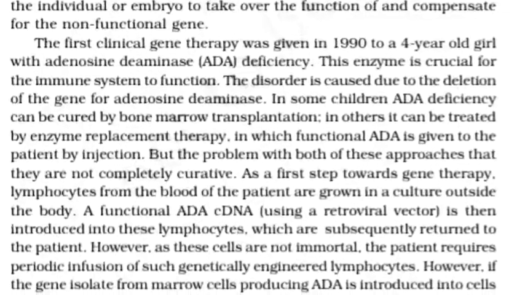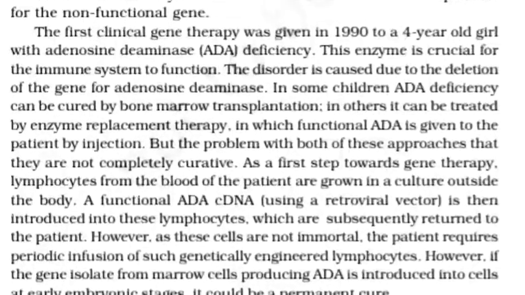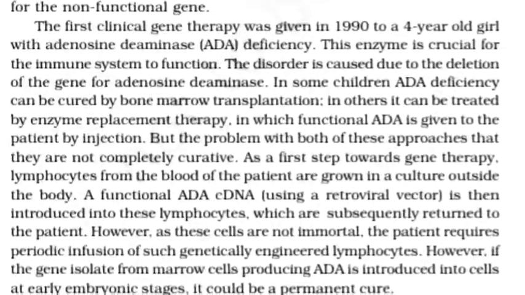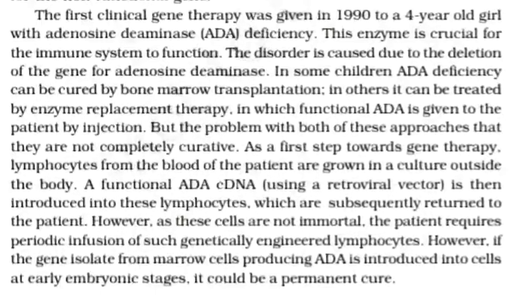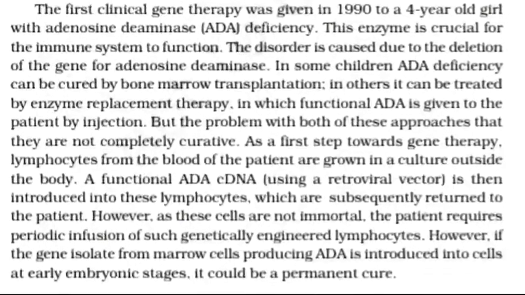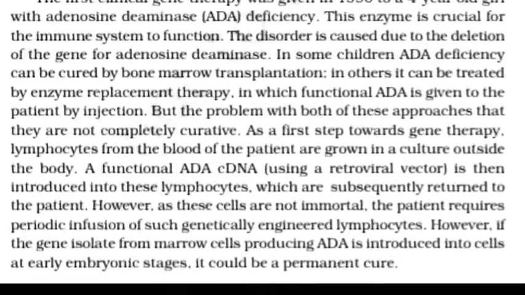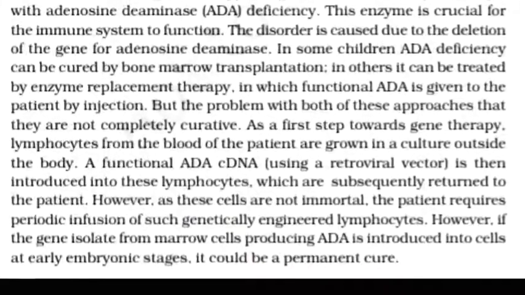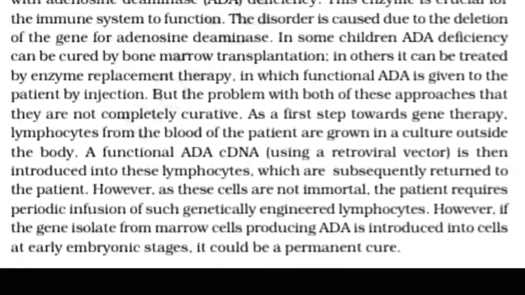However, as these cells are not immortal, the patient requires periodic infusion of such genetically engineered lymphocytes. However, if the gene isolated from marrow cells producing ADA is introduced into cells at an early embryonic stage, it could be a permanent cure.